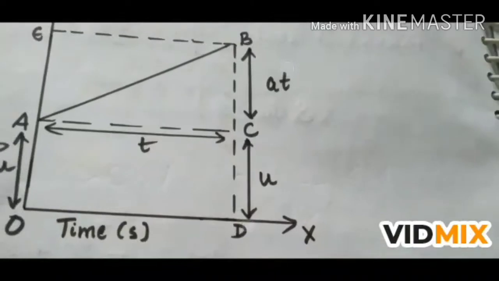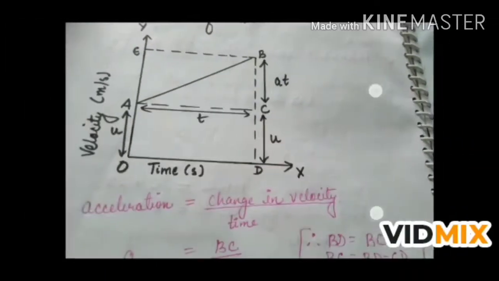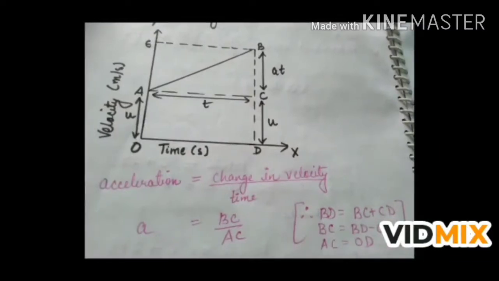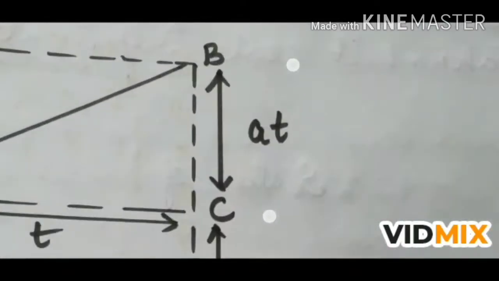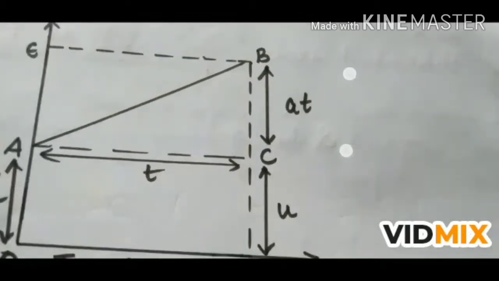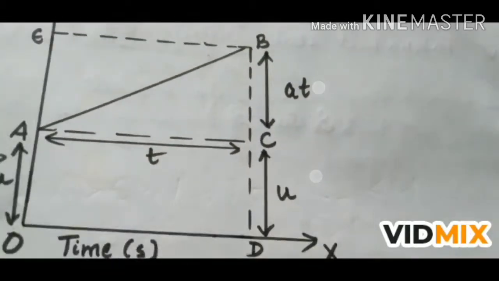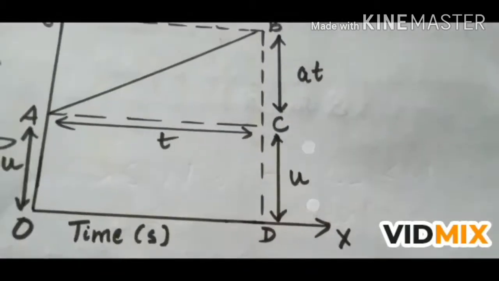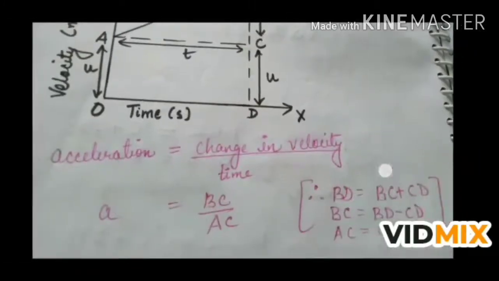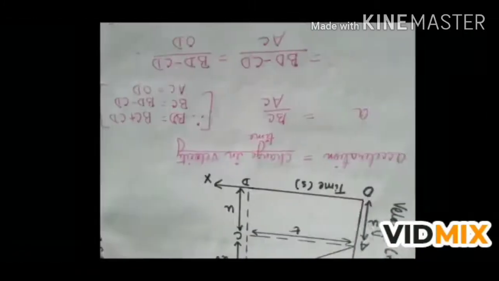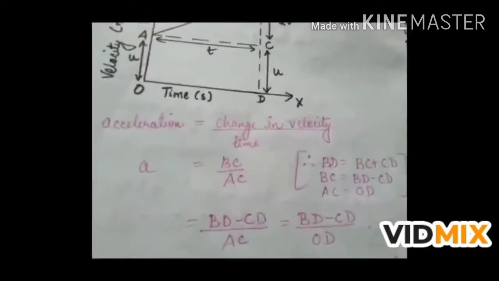While if we have to find BC, then we subtract CD from BD, and we get BC. So putting the values, A equals BD minus CD upon AC, and in the place of AC we can write OD.